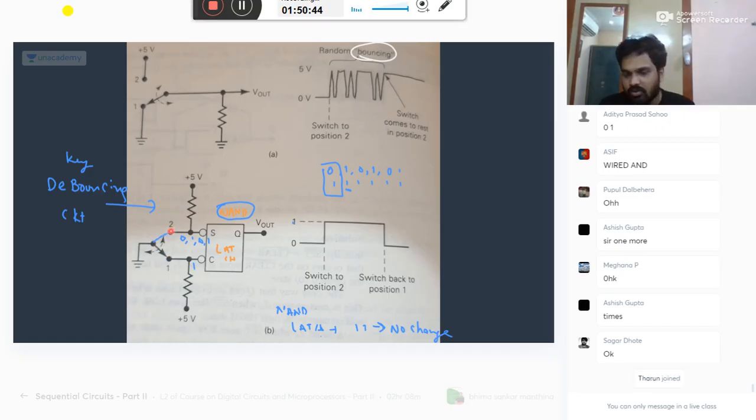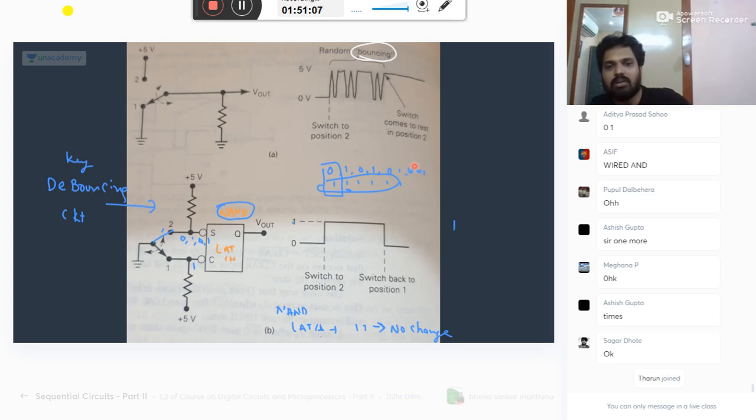Suppose I connect ground here, then it becomes 0. But because of switching transients or damping oscillations, it will not become 0 directly. One line is already 1. The other line touches and leaves, and finally it settles at 0.